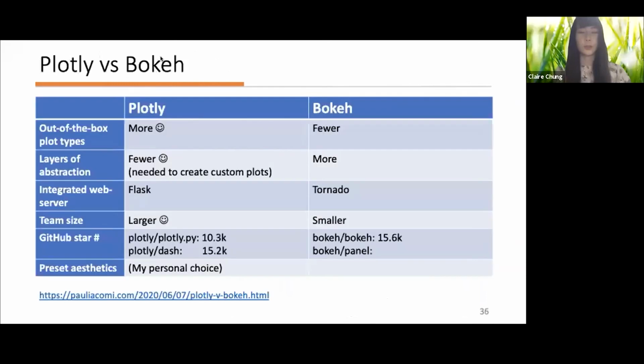As for why I actually chose Plotly and Dash, that's when I compared Plotly and Bokeh. Plotly has a larger community. And for my very niche data type, I need a lot of customization.